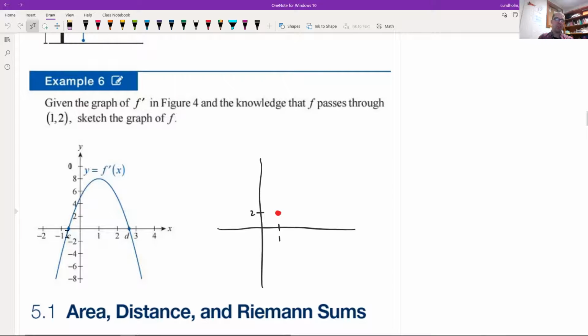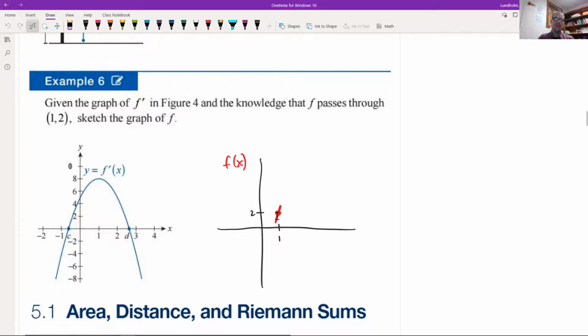And at 1, it looks like we're at the top of this upside down parabola. That's going to be an inflection point. It's going to be the part of our graph f of x that will be the steepest, at least the steepest in a positive direction right there. Actually, and the slope will be 8. So there's no hope of me getting something that's exactly 8, but we've got something that's a fairly steep positive slope at this point.